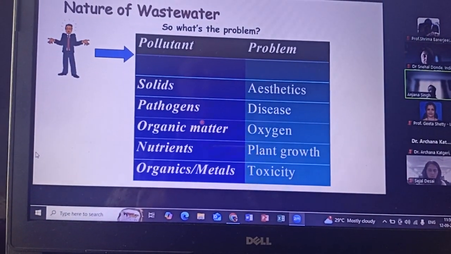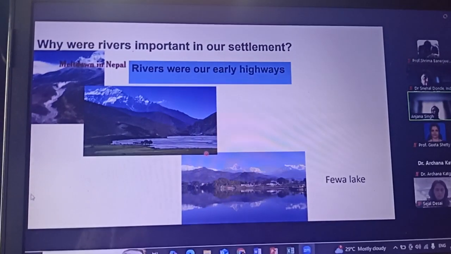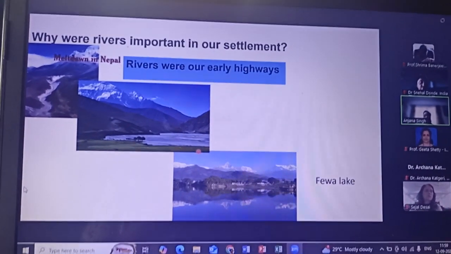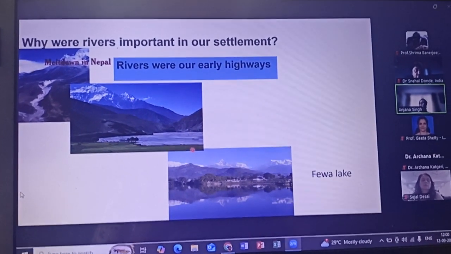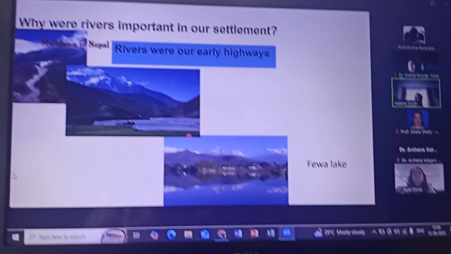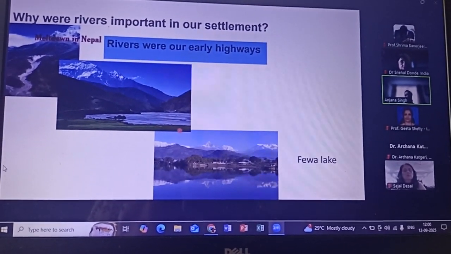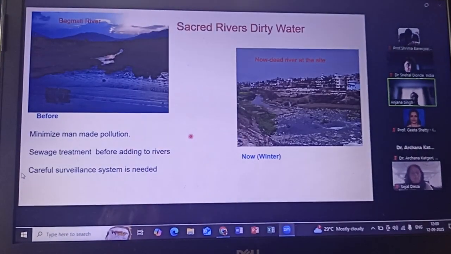Solids are pollutants, and it creates a river, because human life settlement is always beside rivers or sources of water. Rivers were always our early highways, but now the water is becoming polluted.